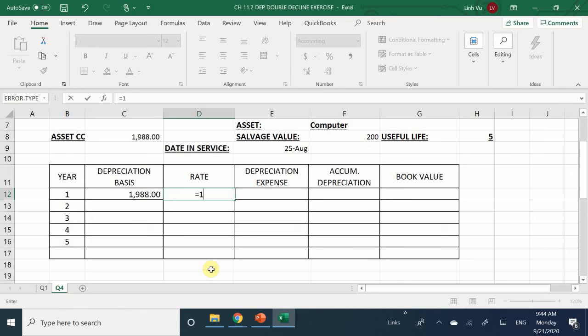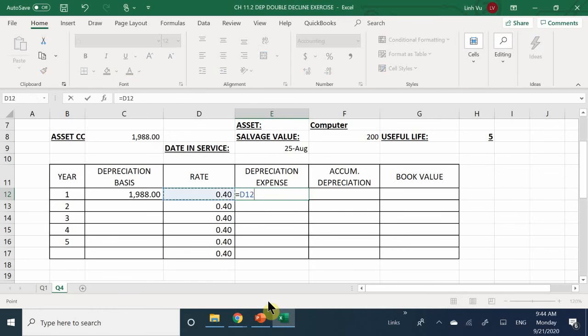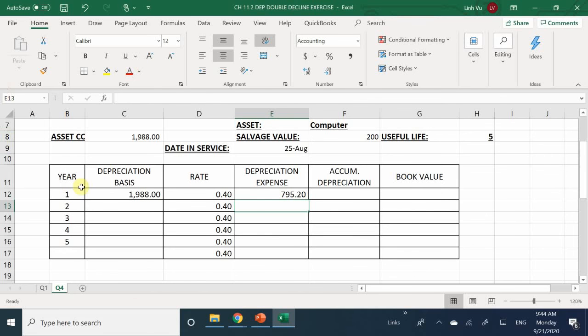Oh, 40%. Okay, good. So 1 divided by 5 times 2 gives you 40%, and this is going to stay the same all the way through. Now, my depreciation expense, what did you say it was, Adina? I said $795.20. That is going to be our depreciation expense for the first year. Now, this is for 1 whole year.